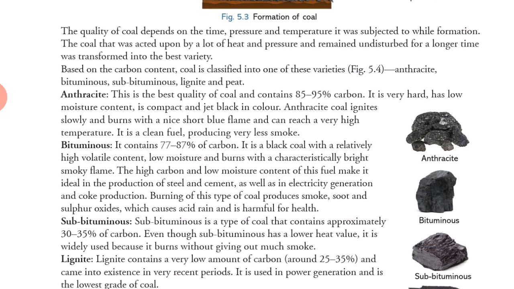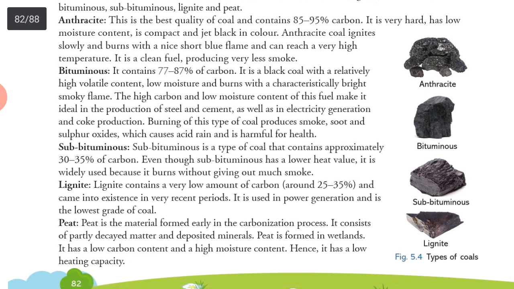It has 85 to 90% carbon. So anthracite is the best. Then bituminous has 77 to 87%, and lignite has a very low amount of carbon content, only 25 to 35%. You can see in the picture also anthracite, bituminous, subbituminous.